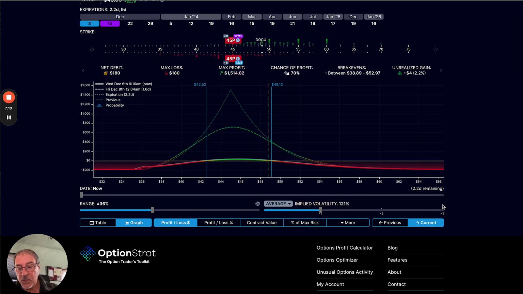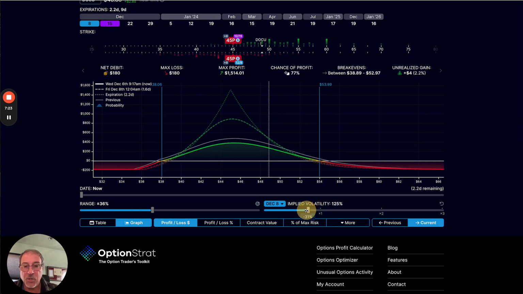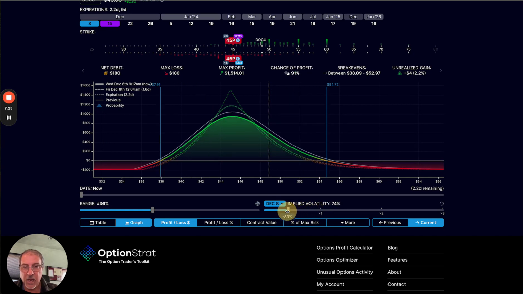What we want to have happen, and this is one of the cool things about OptionStrat here, is that I want the December 8th strikes, the strikes that I am short, to drop significantly in value so that I can buy them back for next to nothing.